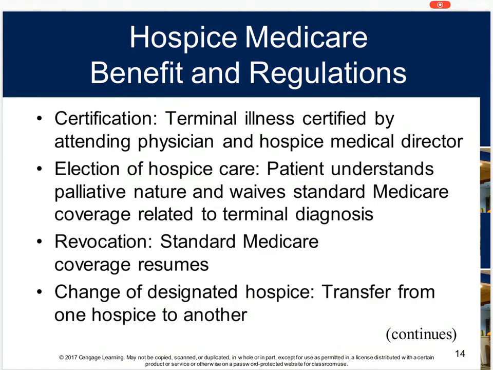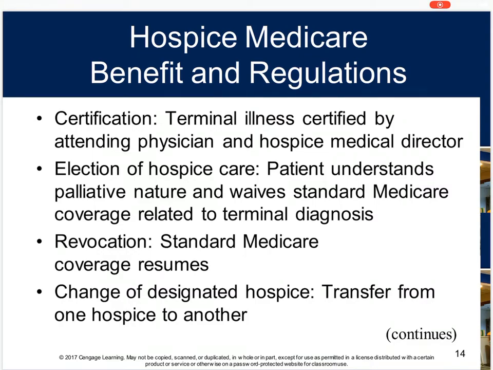Now, once the patient has elected the hospice benefit, Medicare will no longer pay for treatment to cure the terminal illness, okay? So, if I have stage 4 colon cancer and I elect the hospice benefit, then I'm no longer going to receive treatment, or if I do receive any treatment for the colon cancer, then Medicare's not going to pay for it.